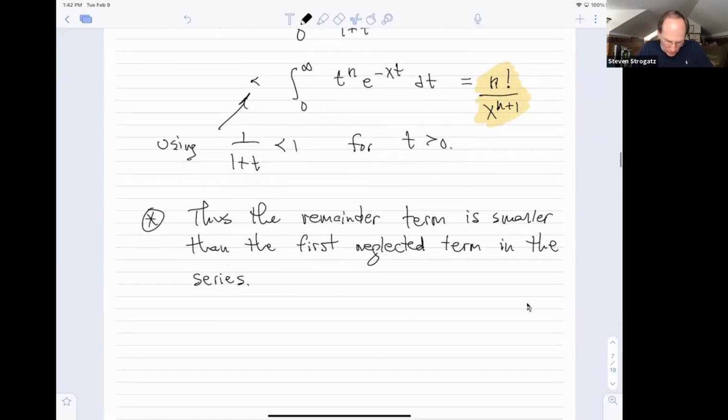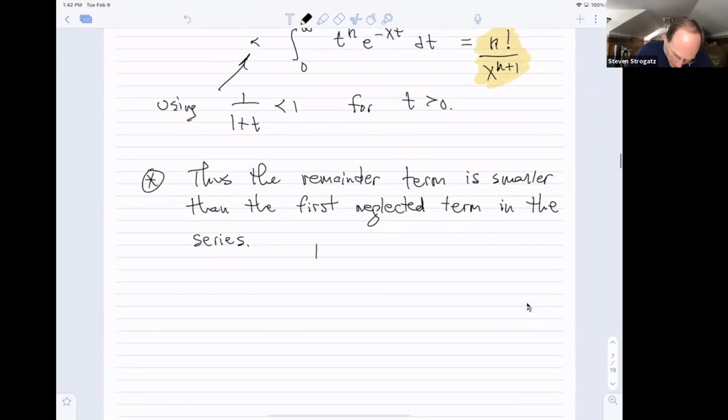So if you want, we could say it this way: Rn, the remainder term at the nth stage, is less in magnitude, or certainly less than or equal to, if we want to say it like that, a sub n plus 1, what I had earlier called the a's. Okay, so that's interesting. And that, because remember, this is a strict estimate on the size of the error.